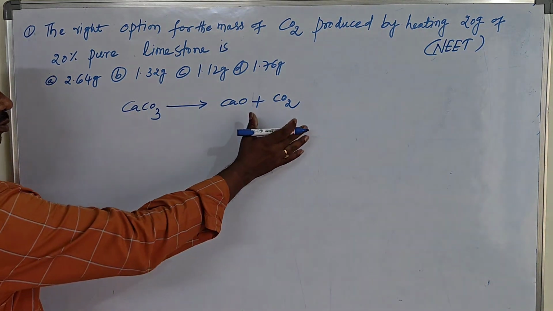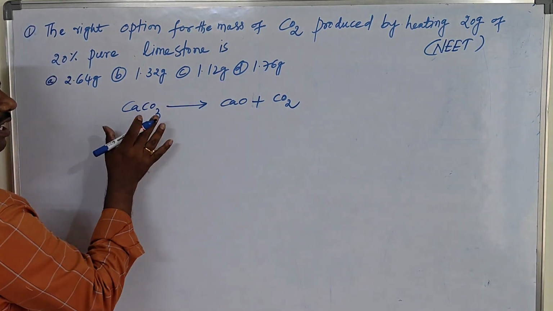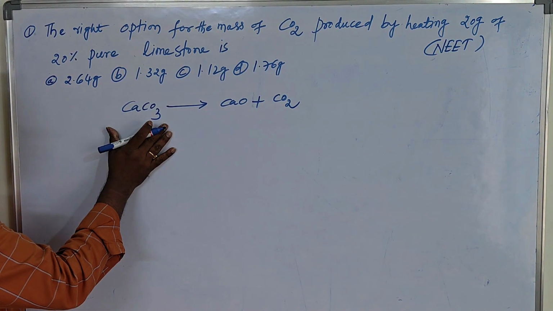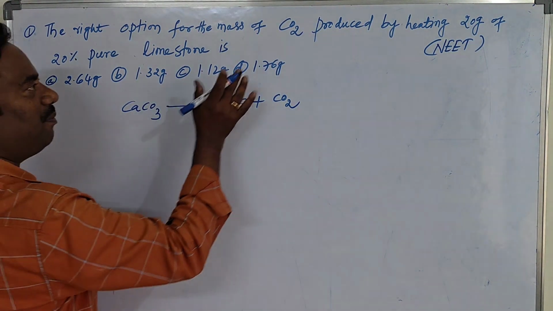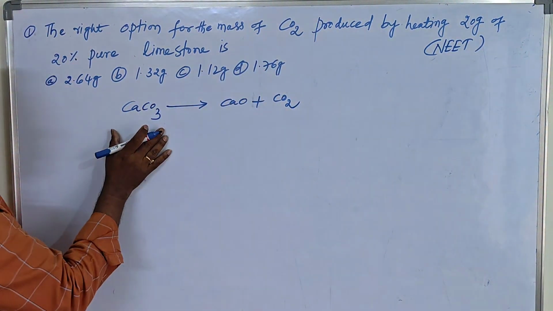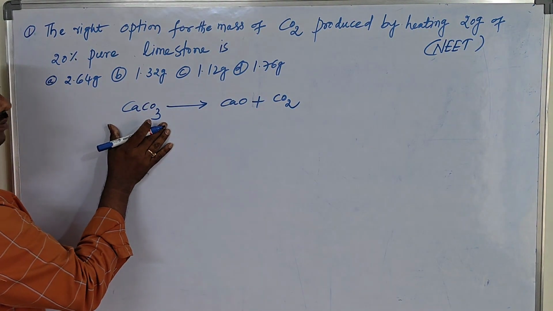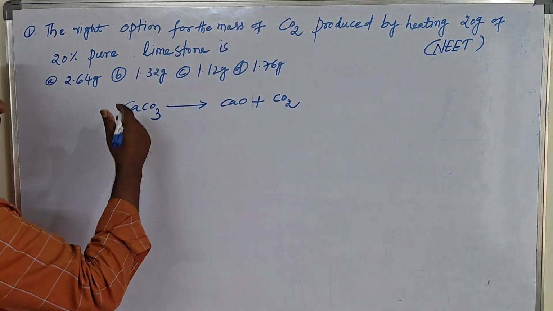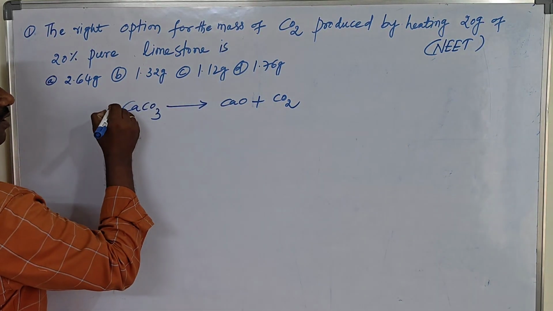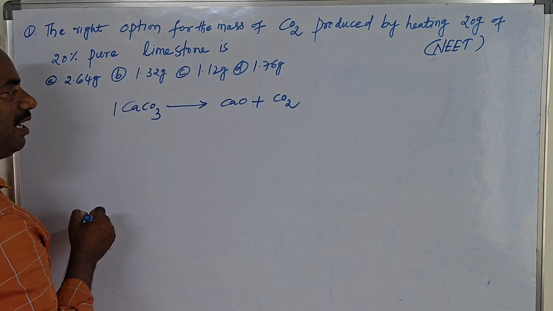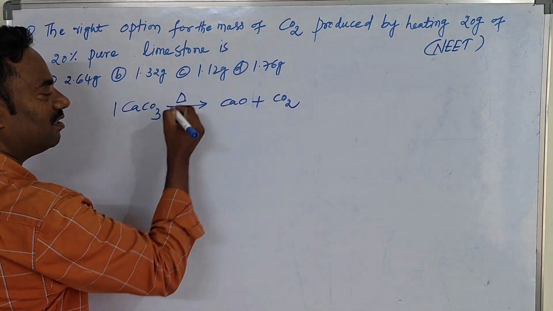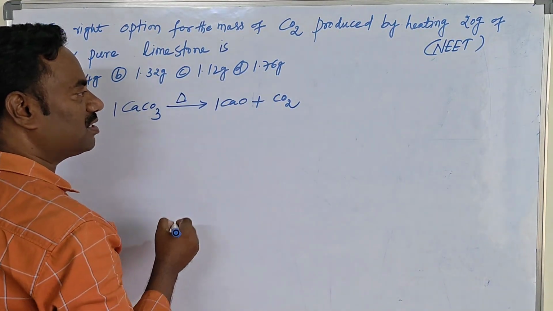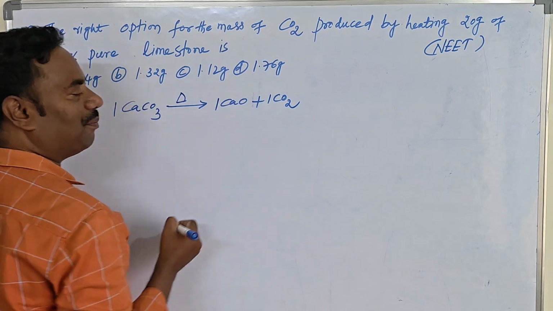Now we got CO2 when we heat limestone or calcium carbonate. The problem is there in between carbon dioxide and limestone. This is limestone formula. From this equation, we know that the meaning of this equation is 1 mole of calcium carbonate when we heat, it will be converted into 1 mole of calcium oxide and 1 mole of carbon dioxide.